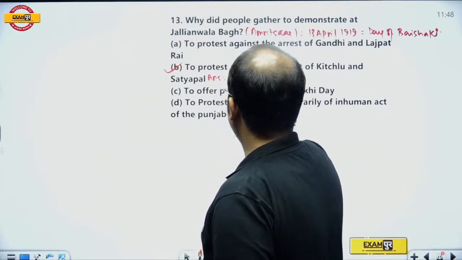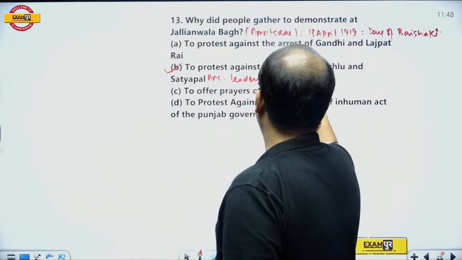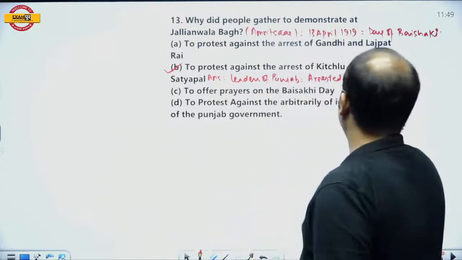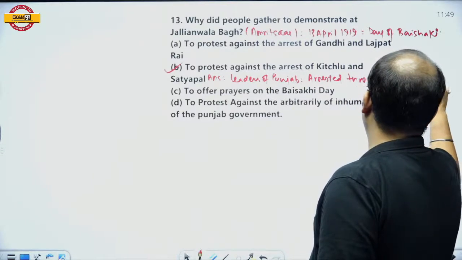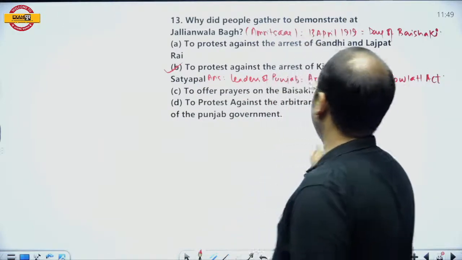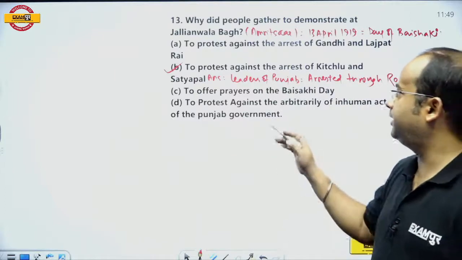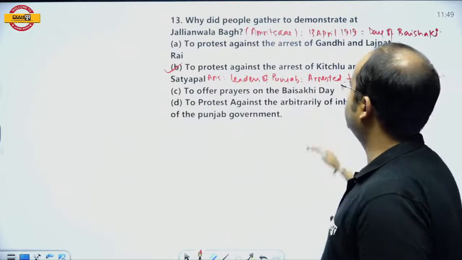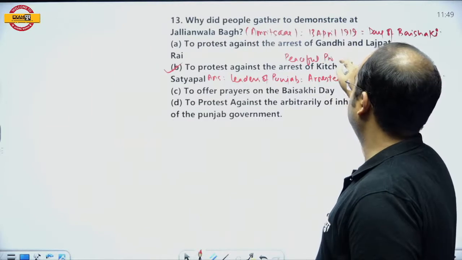They were the leaders of Punjab, and they were arrested through the Rowlatt Act. Therefore, the people came to protest against their arrest. It was a peaceful protest.